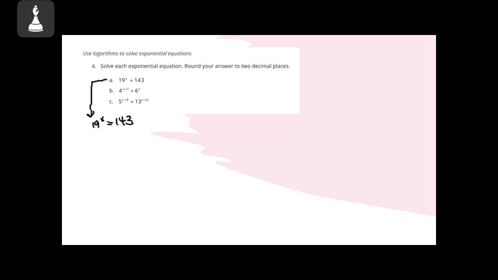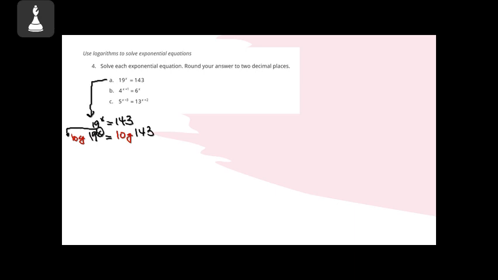So I'm going to log this side and I'm going to log the other side because whatever I do to one side, I have to do to the other. Now, properties of logs tell me that I can bring an exponent down front.